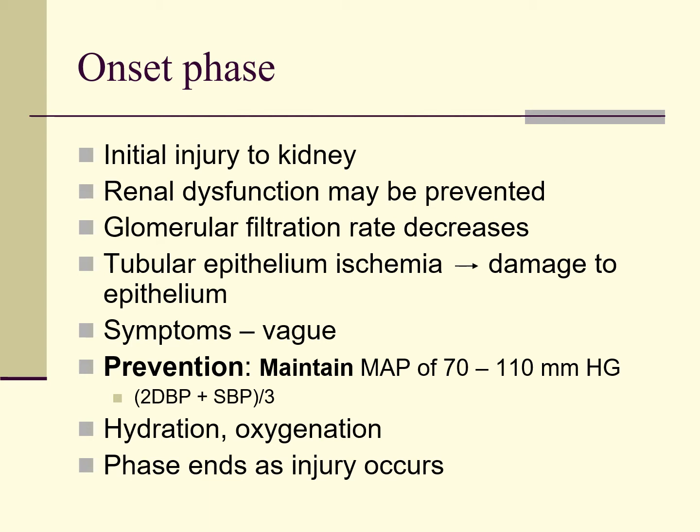In some instances, you might see a MAP of 60 or 65 is okay. The patient's usually pretty critically ill, but we really want to keep the MAPs around 70 or above, just to maintain perfusion to the kidney. The onset phase then results in less hydration, less oxygenation, and then injury occurs at the end of onset.